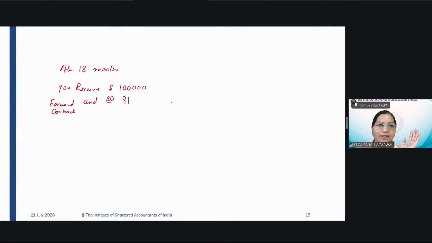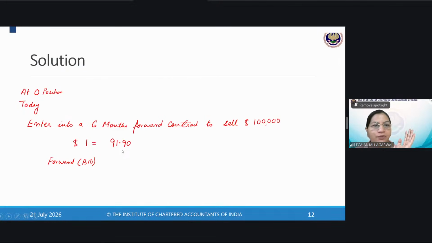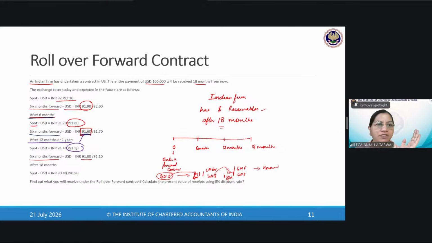So you sell at 91, you end up getting 91 lakhs. So the price has definitely decreased. Your fear was true. You needed to hedge because the dollar, which is trading at 92, is now available at only 91. So the dollar is depreciating continuously.